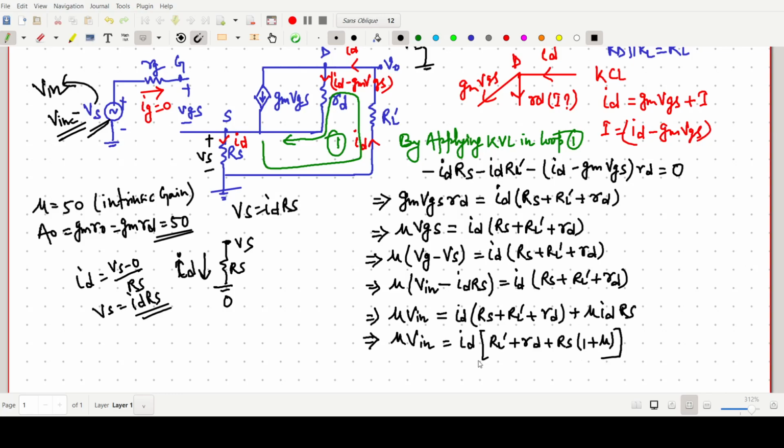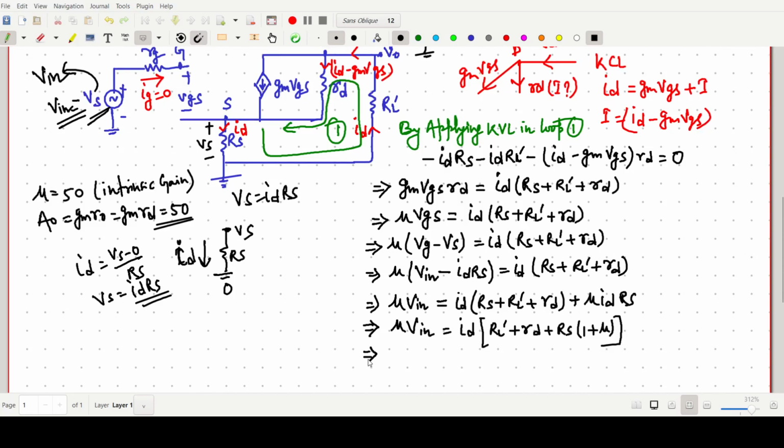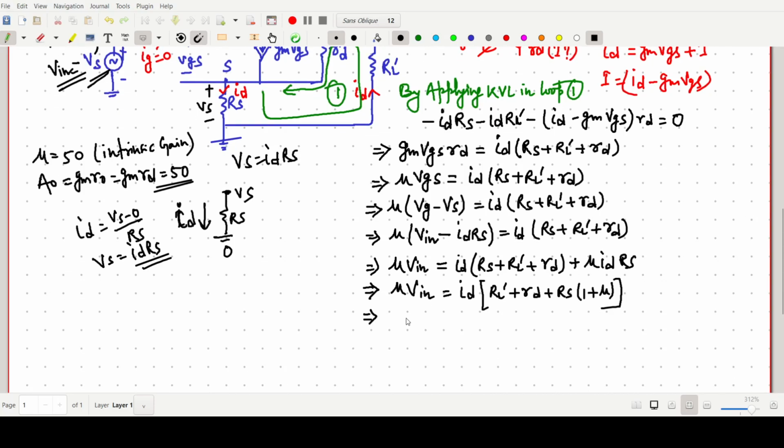Up to this part, it is clear. So now we can write the value of V in.